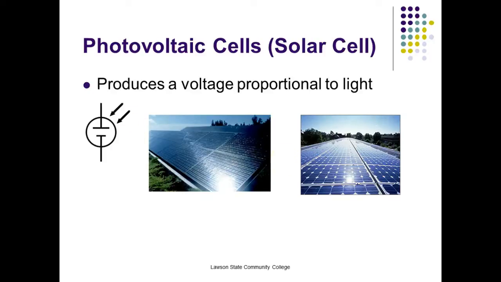We're not going to get into the theory of how this operates. If you want to look at that, you're more than welcome to. But basically, it absorbs the energy of the photons coming in from the light and turns it into an EMF. By the way, this is the symbol of a solar cell or a photovoltaic cell.